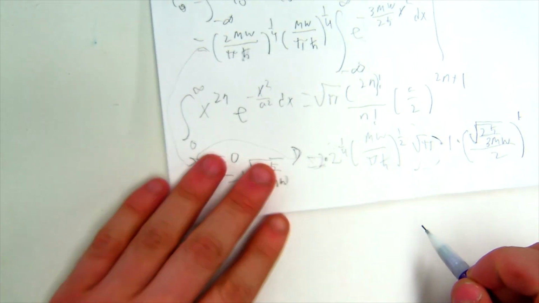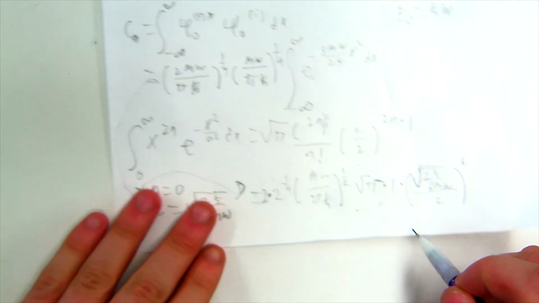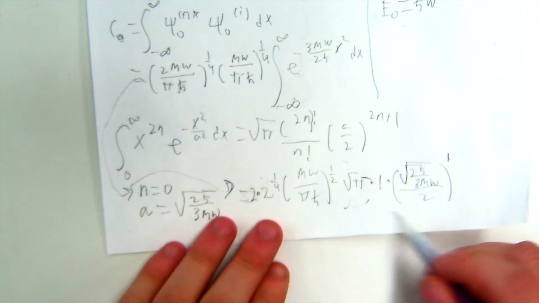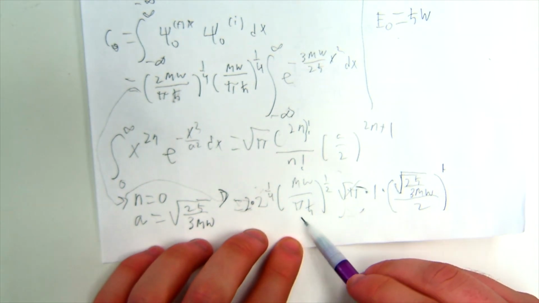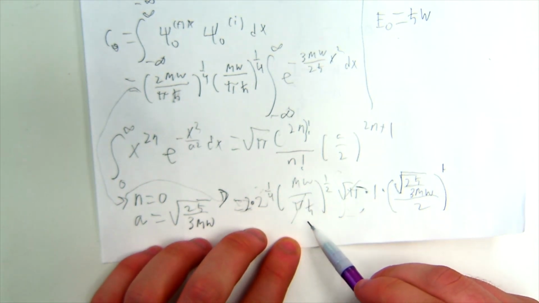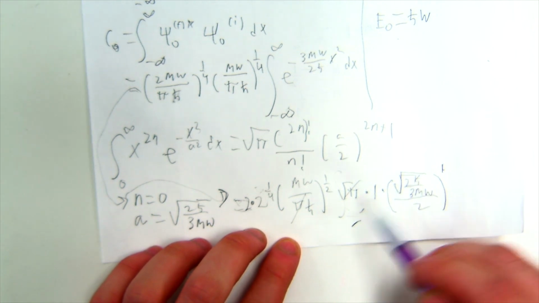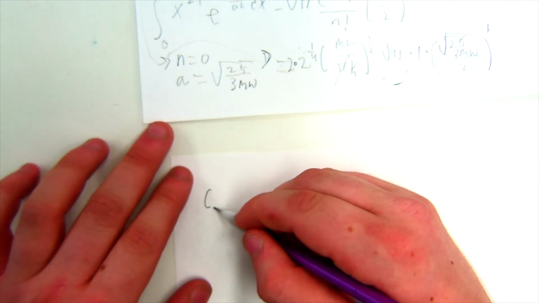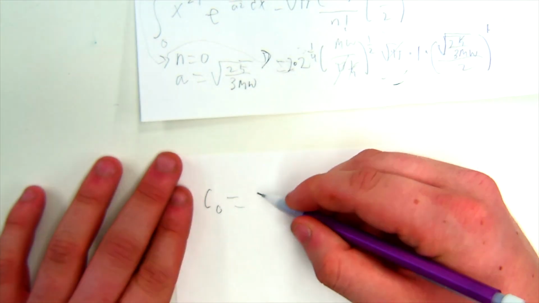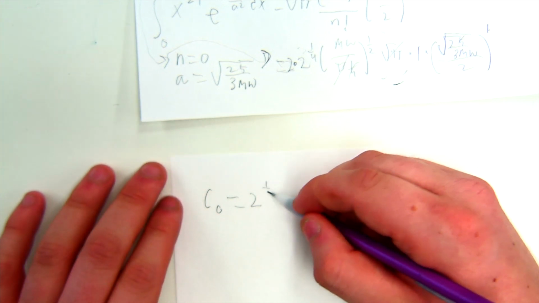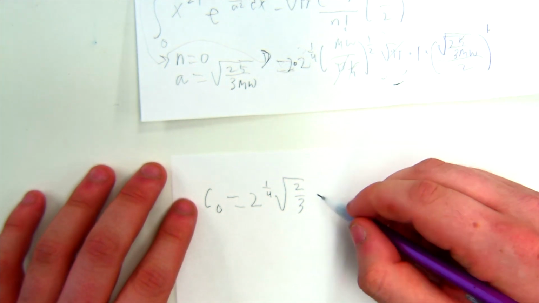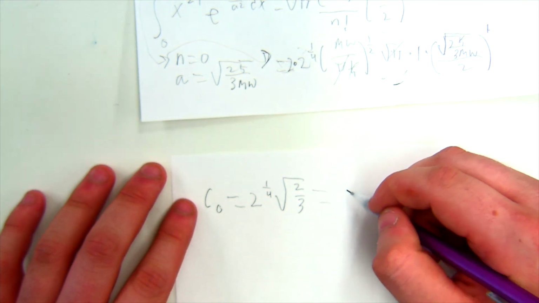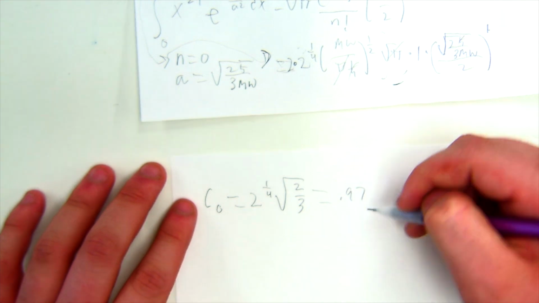So plugging everything in, we get this. And there's a couple of things we can cancel out, right? So we can get these pi's to cancel out, and we can get these h bars to cancel. And when we do all of this, what we're left with is C0 is equal to 2 to the 1/4 times the square root of 2/3, which is equal to 0.97.